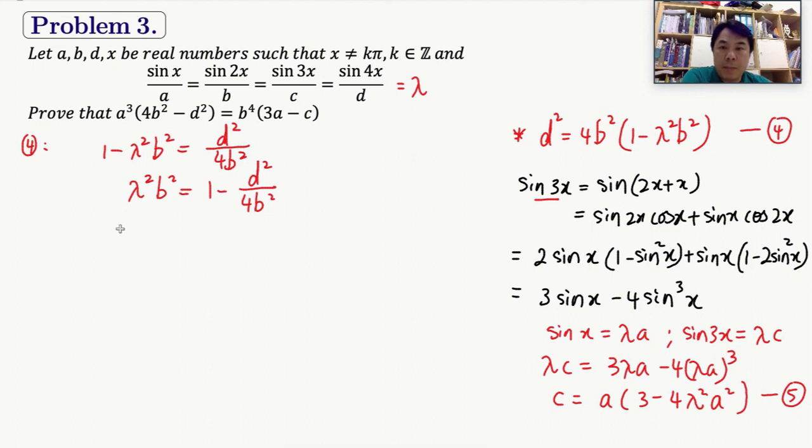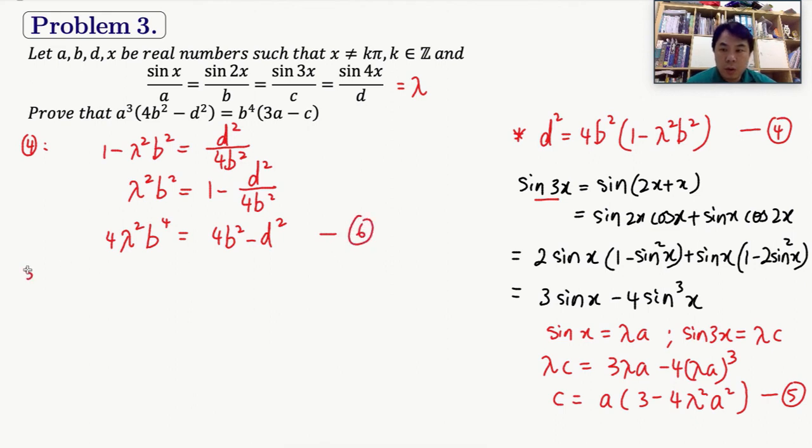That will be lambda squared times 4b to the power of 4 equals 4b squared minus d squared. Now that will be my equation number 6.